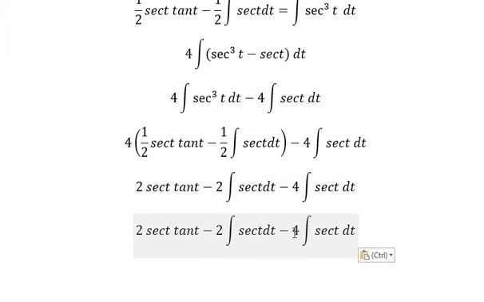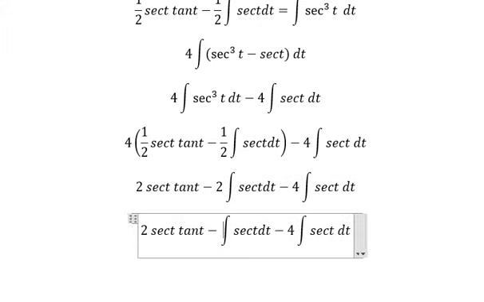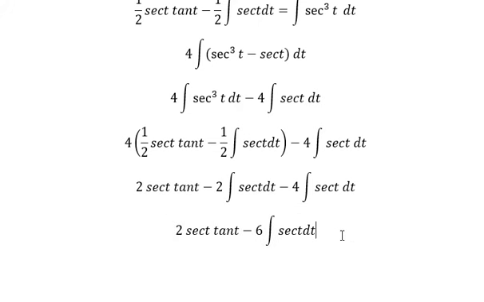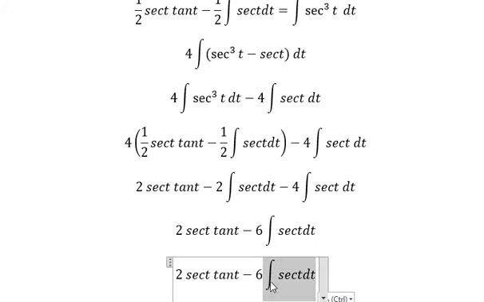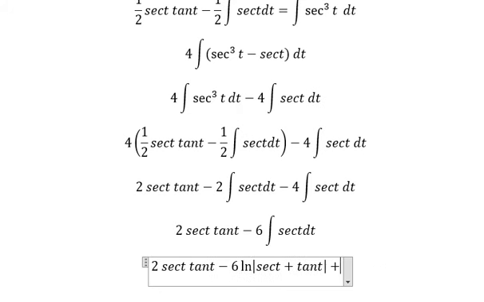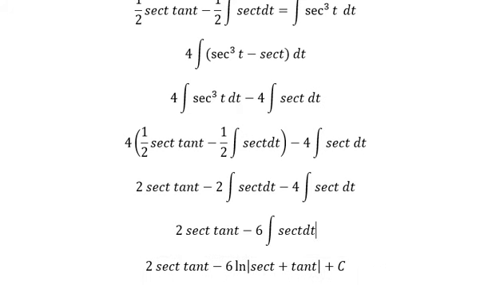Negative number 2, negative number 4, that's negative number 6. And this one, the integral of secant of t dt, you go about ln of the absolute value of secant of t plus tan t. And we put c, that's a constant.